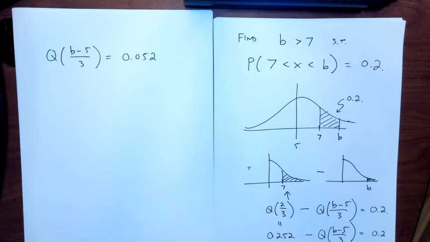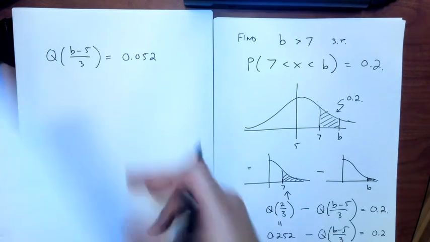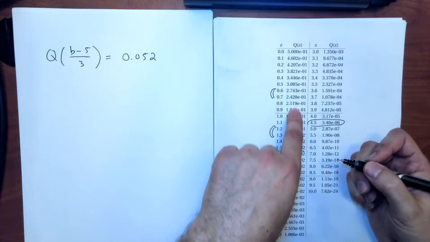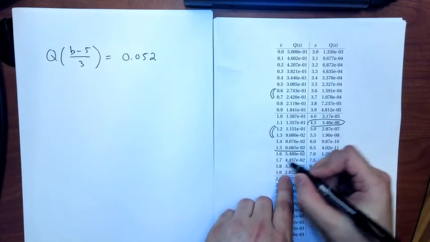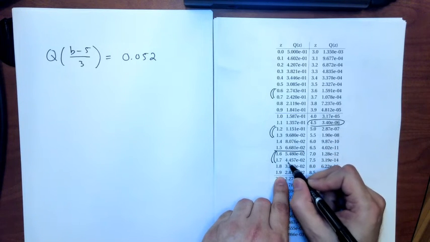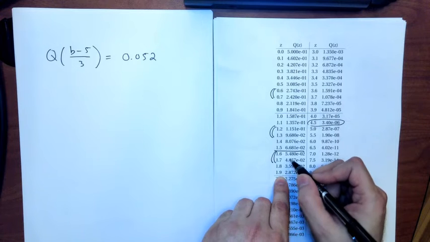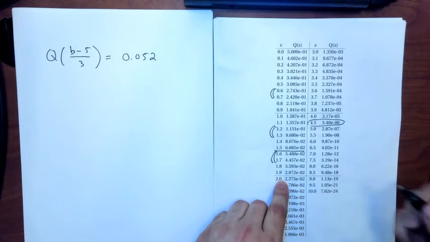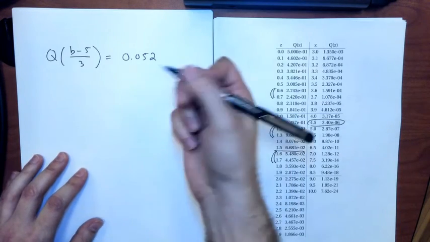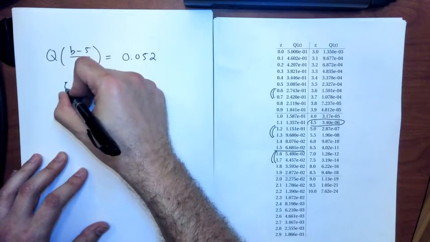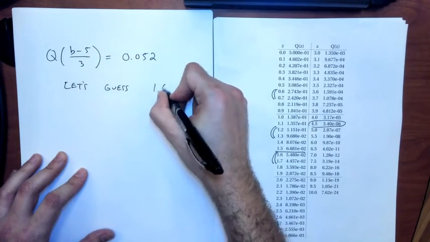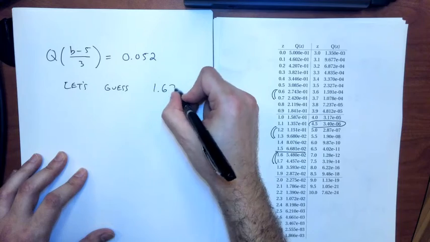And now I have to go back to my table and say, okay, what value has this 0.052? That is going to be somewhere between here and here, right? This is 0.0054. This is 0.044. It's going to be pretty close to 1.6. So let's guess 1.62.